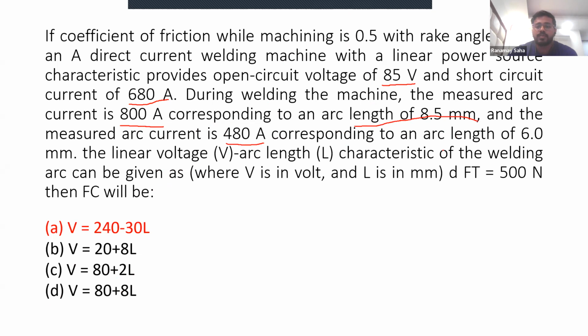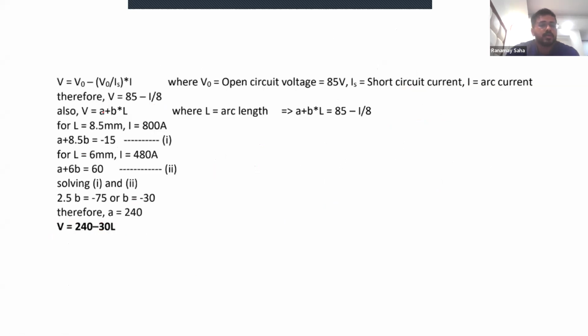And then you have been asked that corresponding to a length of 6 mm, your arc voltage and length characteristics have to be found out. So in that case, you look at the solution.